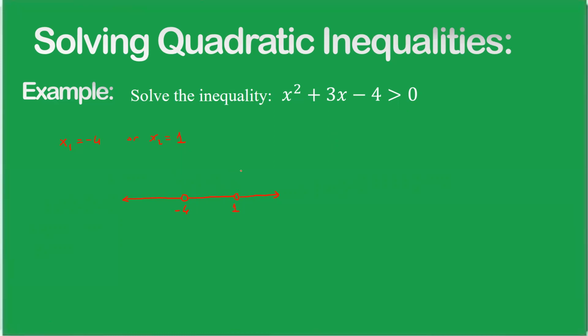Here we can draw a curve like a parabola. If we have y equal to x squared plus 3x minus 4, the arms of the parabola open up like this, because a is greater than 0.